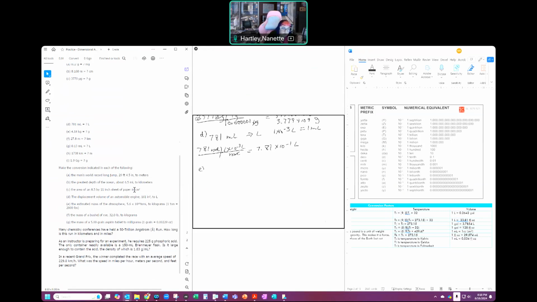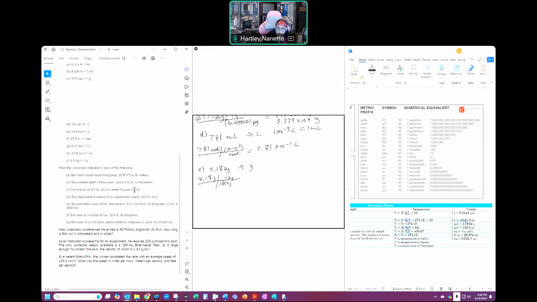E. 4.18 kilograms, and I want to get that to grams. Well, I start with what I was given, 4.18 kilograms. I happen to know that kilo to gram, there are 1,000 grams in 1 kilogram.